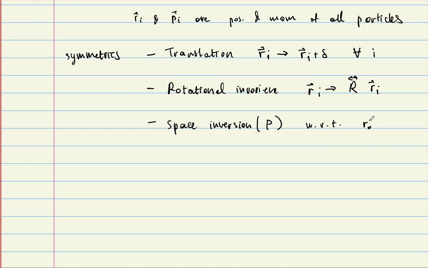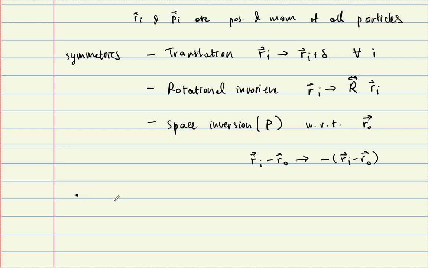Let me call it R_0. The inversion works like this: you have R_i with respect to this point R_0, and this goes to minus of itself, so R_i minus R_0 goes to minus R_i minus R_0. So this is the inversion. There are more symmetries, but we are going to start with these.